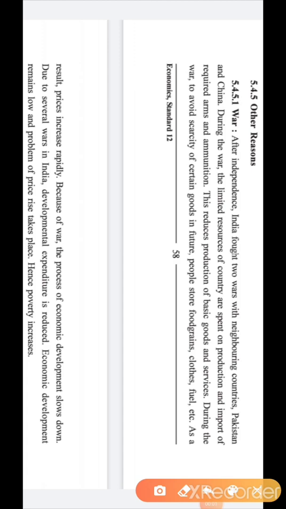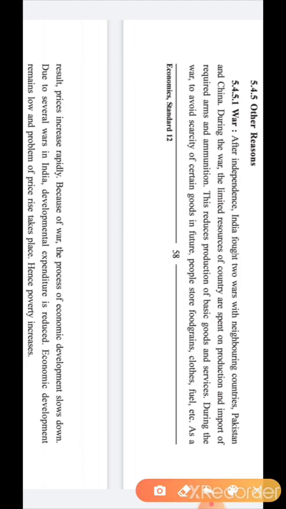So here it is said that because of the several wars, the developmental expenditure reduced. We have studied in the 11th standard what developmental expenditure is. The expenditure done by our government for making a dam, or for generating electricity, or any other productive activity which will lead to the development of the nation, that is developmental expenditure.